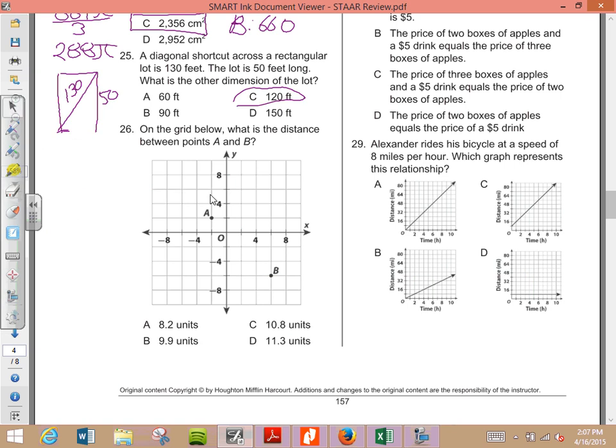On the grid below, what is the distance between points A and B? What do you use here? What do you do? Yeah. She said there's some like this.